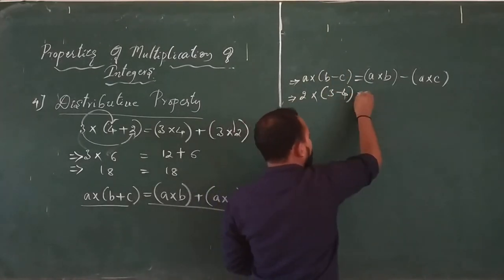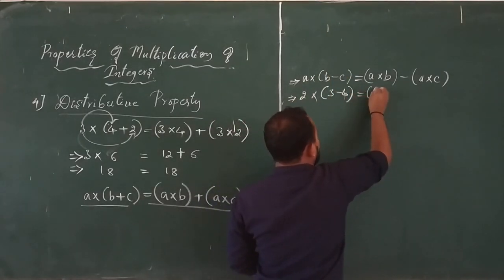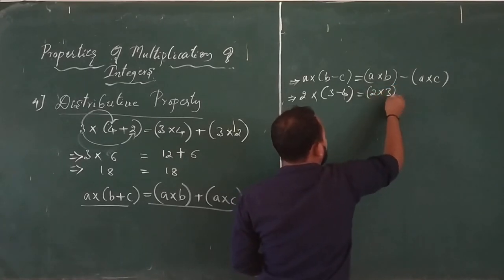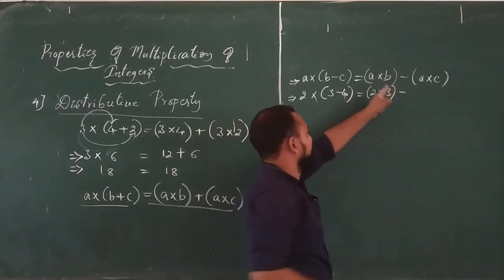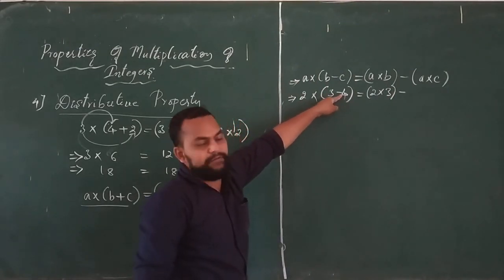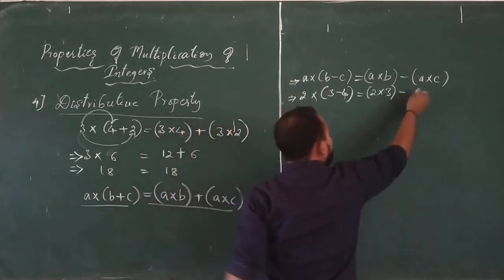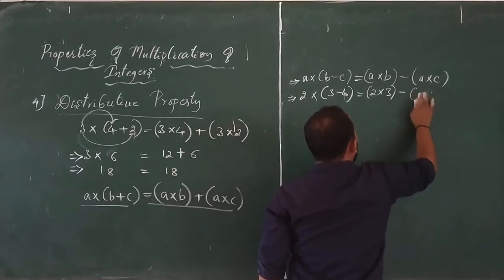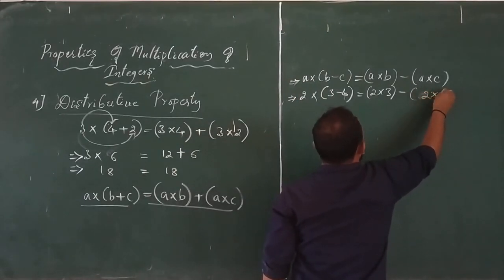Distribute the values: 2 into 3 minus 4 is 2 into 3 minus 2 into 4.